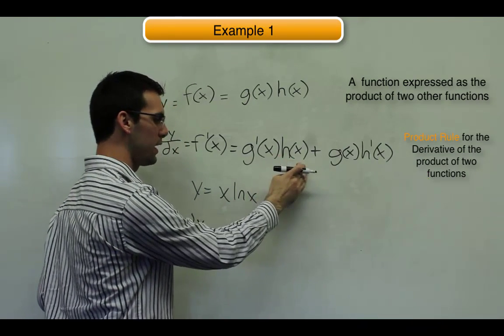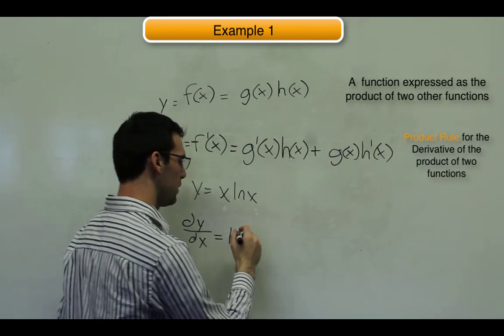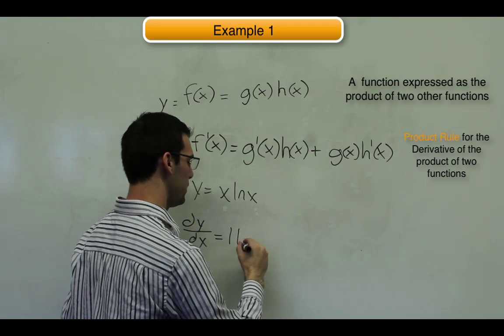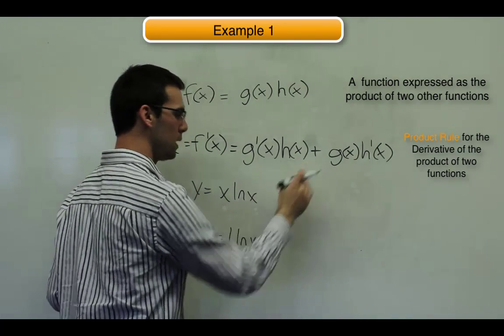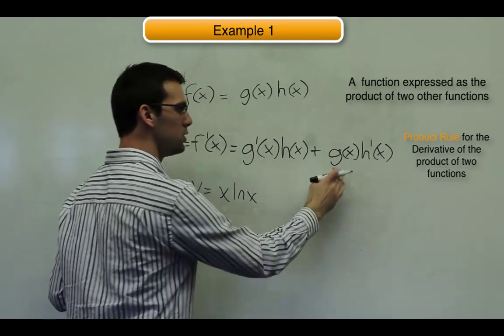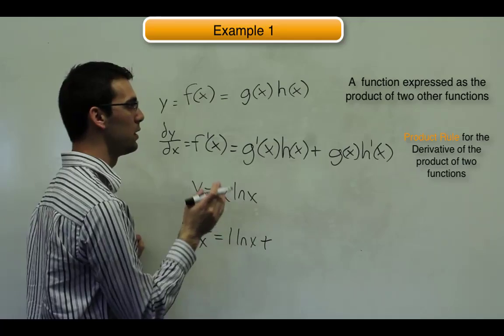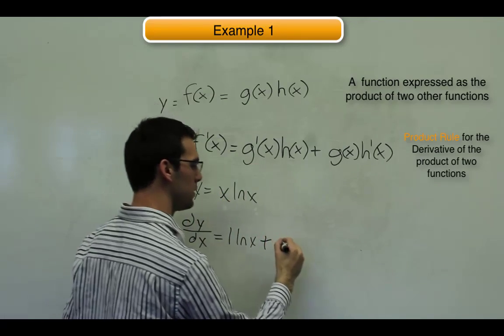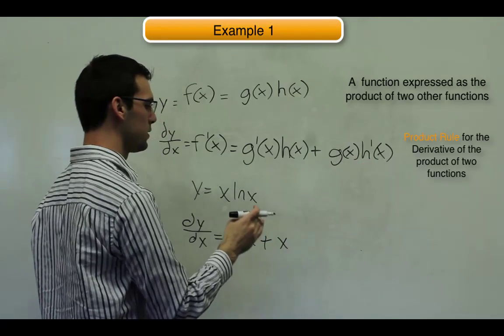So equals 1 times h of x. h of x is natural log of x in this case. So equals 1 times the natural log of x plus g of x times h prime of x. So once again, g of x is x, so x times h prime of x.